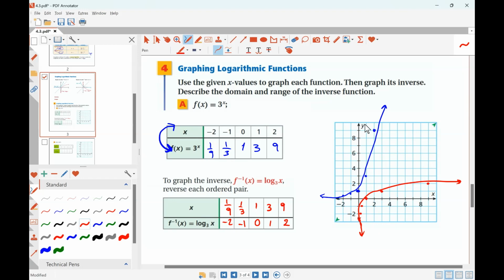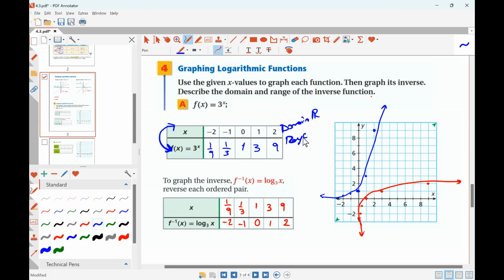And the other part of the question is to graph its inverse. We did describe the domain and range of the inverse function. We know the domain and range of the exponential function. For exponentials, our domain is all real numbers.